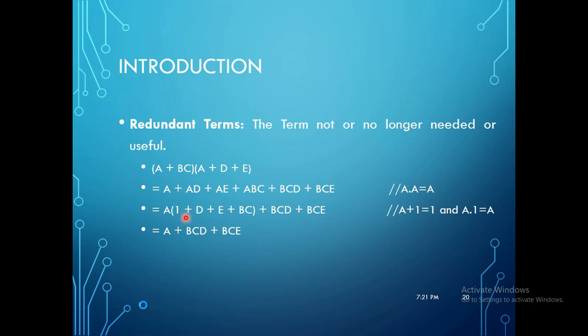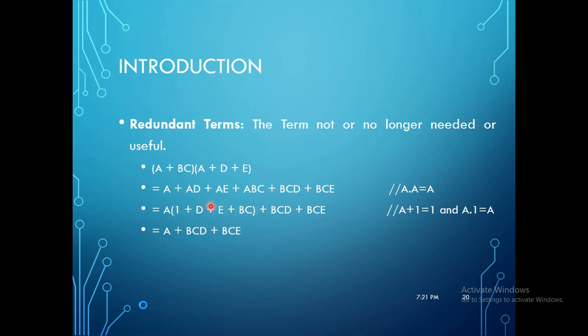So same way here, 1 plus D is 1 itself, 1 plus E is 1, 1 plus BC is also 1. So everything here gets cancelled and it becomes totally 1.